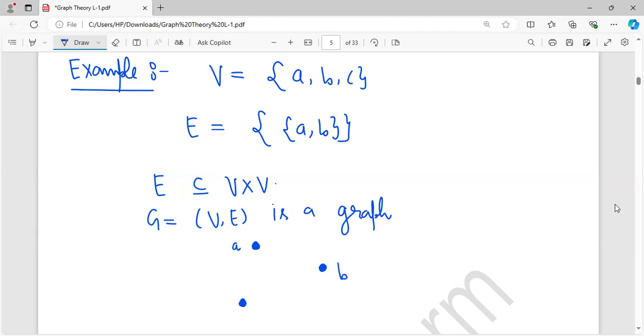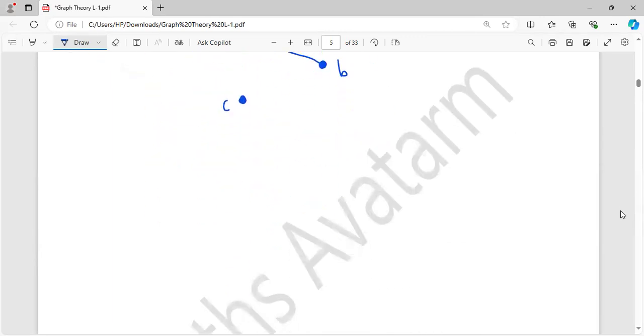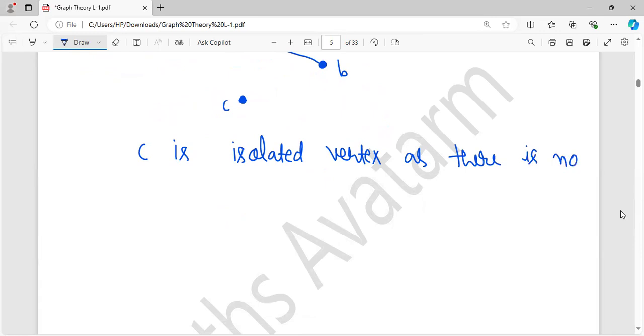So this is A and this is B, connected. There is no edge in this graph which connects C. So C is an isolated vertex, as there is no edge connecting C.